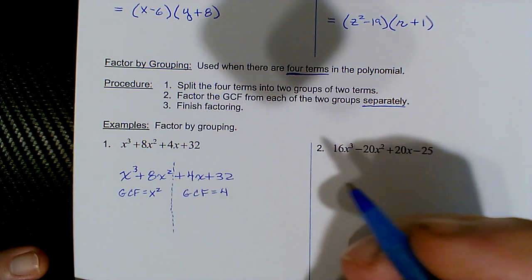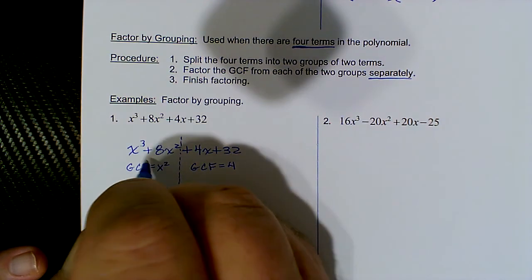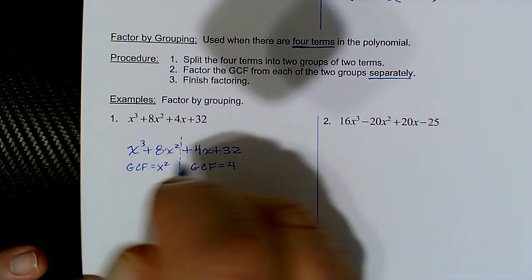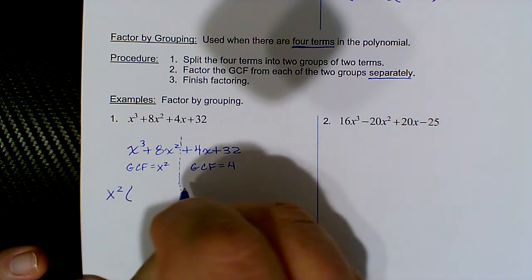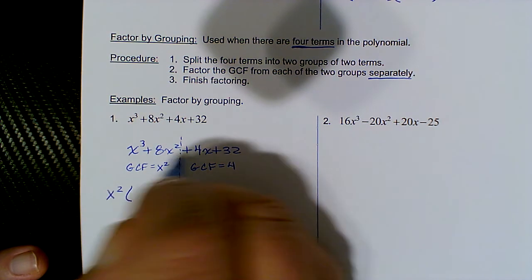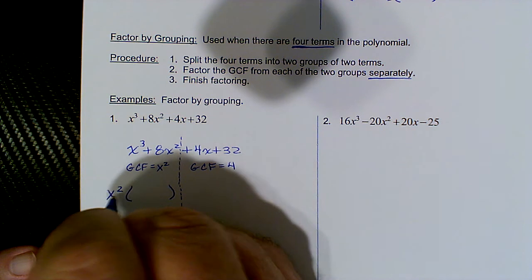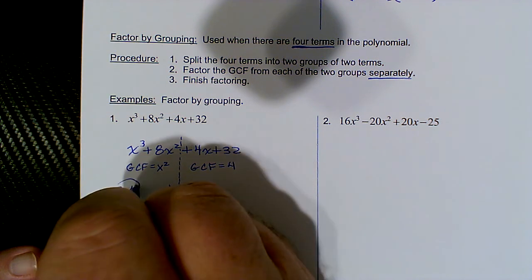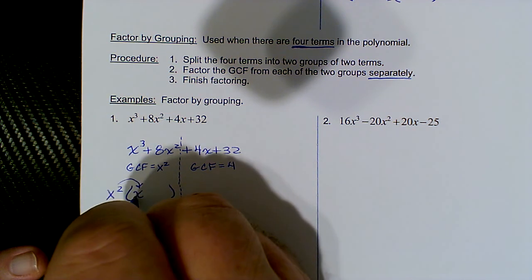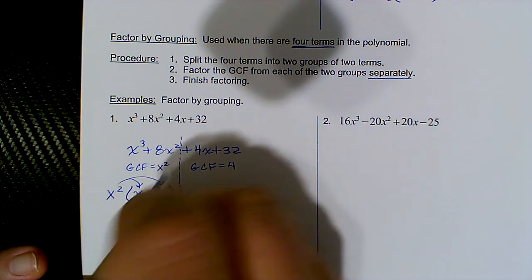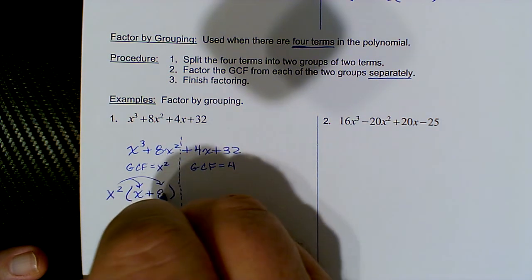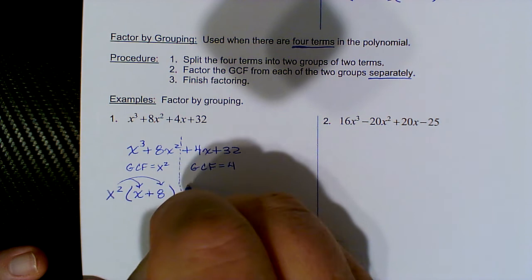So from x cubed plus 8x squared, I write down the x squared, reverse, there's going to be 2 terms in here. X squared times what gives x cubed, and that's x. X squared times what gives 8x squared, that'd be plus 8. And then here, the greatest common factor is 4.